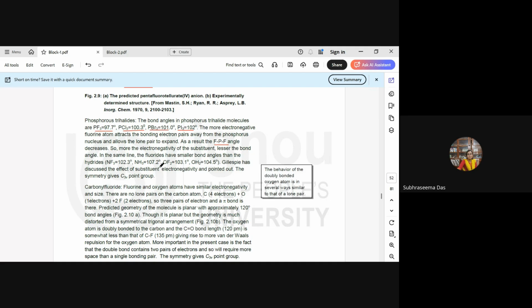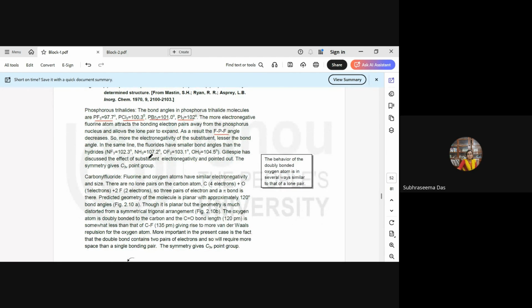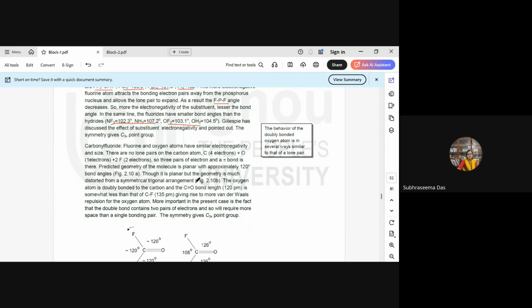In the same way, we can say this for NF3 and NH3, and OF2 and OH2. So this is how electronegativity is related to the bond angle of molecules.